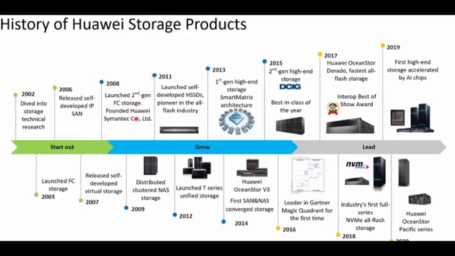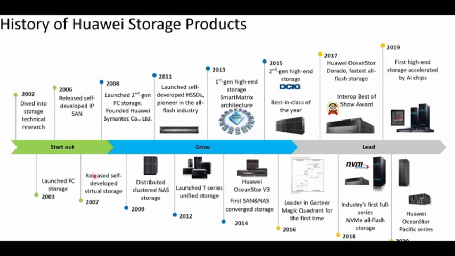Then they launched self-developed HSSDs, or Huawei SSDs, pioneers in the all-flash industry. First gen SmartMatrix using the virtual matrix architecture. 2015, second gen high-end storage. 2017, Huawei OceanStor Dorado, currently the fastest all-flash storage in the world. 2019, AI chips using the Ascend chip and so forth, right? So that is how Huawei started off here.